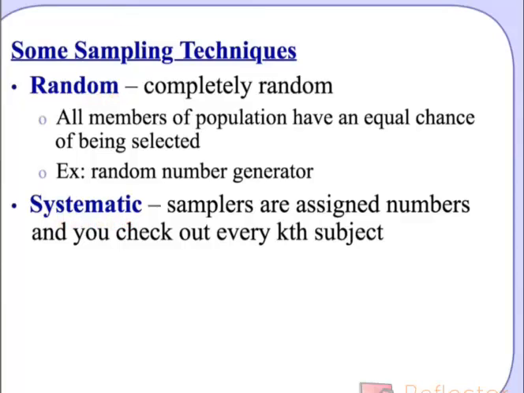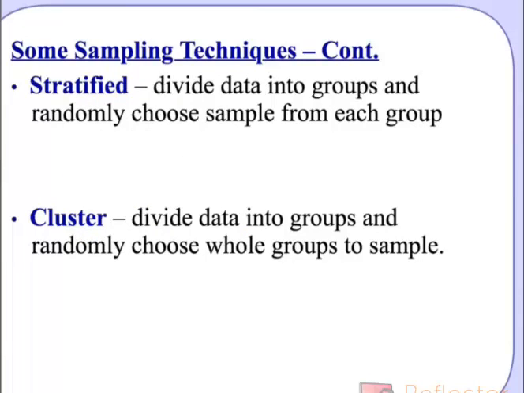We have 2 more types. One type is stratified. In stratified, we're going to divide people into groups and then randomly choose a sample from each group. What I mean by that is, let's say that we have people in the freshman class, the sophomore class, the junior class, and the senior class.